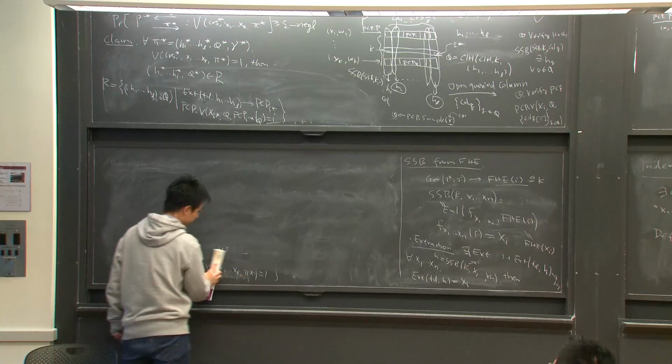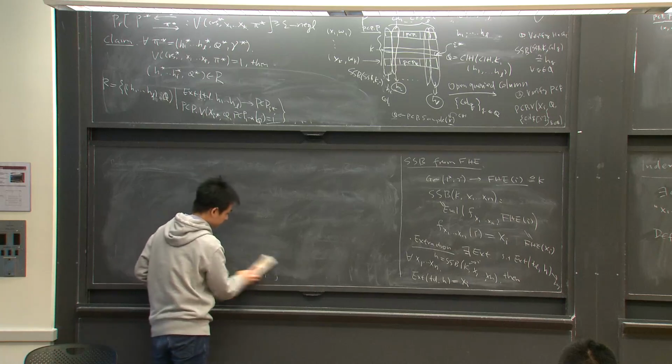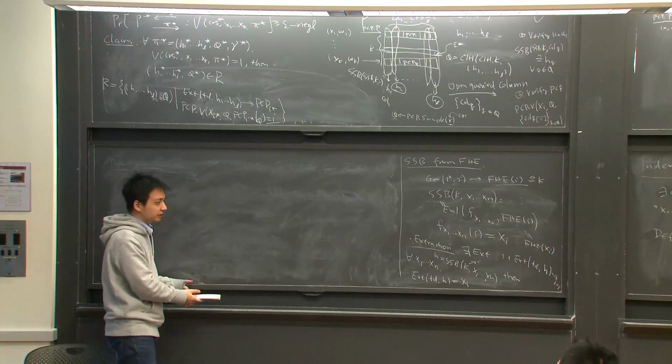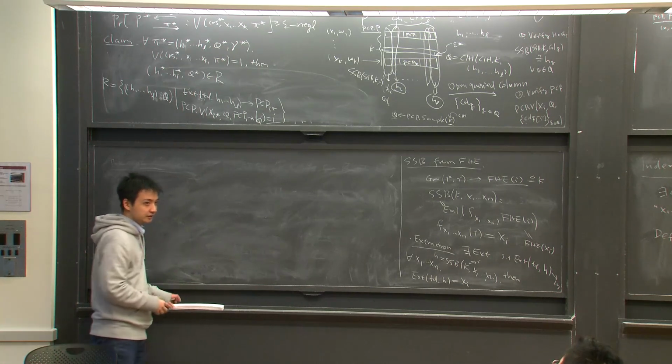So in other words, a batch of instances is without loss of generality uniform in some sense.